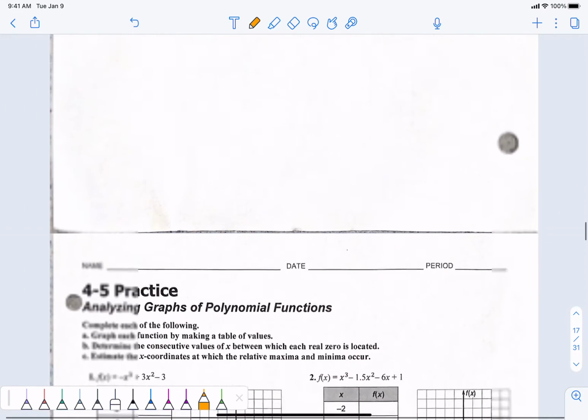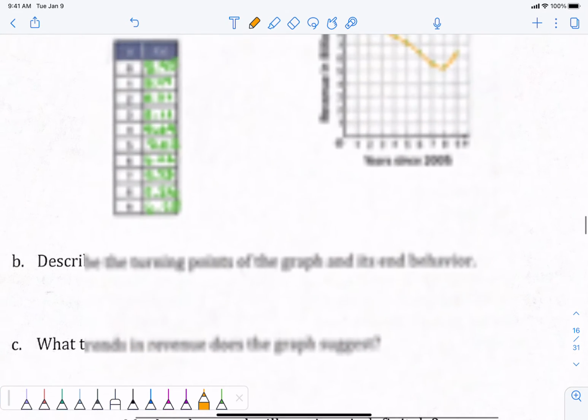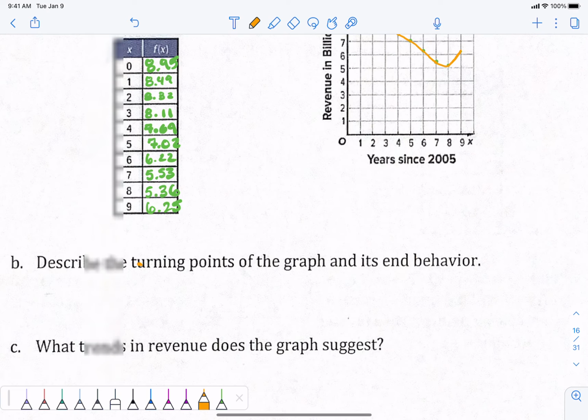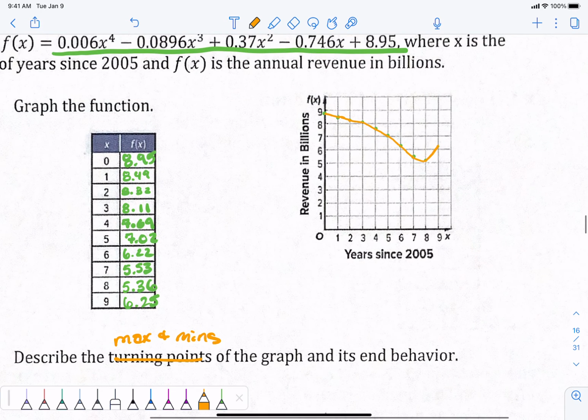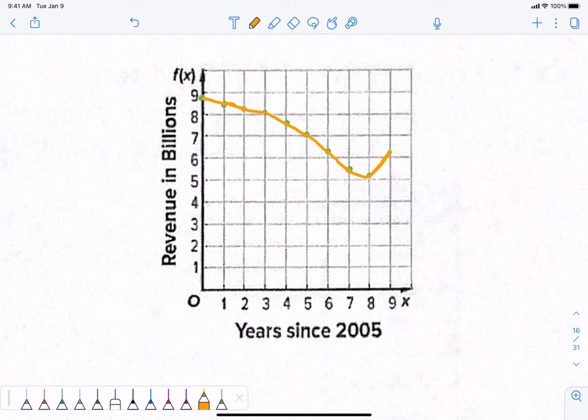Describe the turning points of the graph. What are turning points again? Maxes and mins. Okay, do we have any maxes, like high points? Not really, because this first point looks like a high point, but we don't know for sure if he was going up before he came to that point or going down before he came to that point.